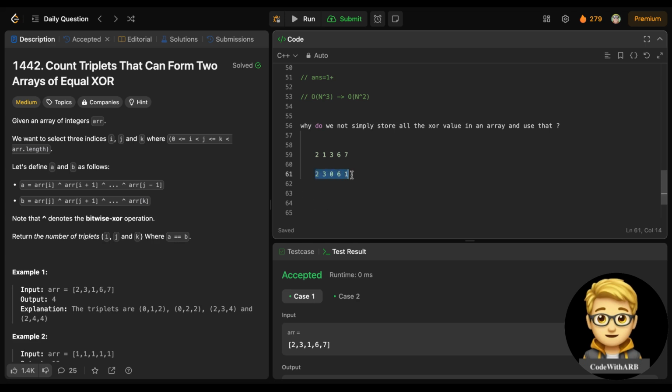So if I store this in my prefix, how does it help?